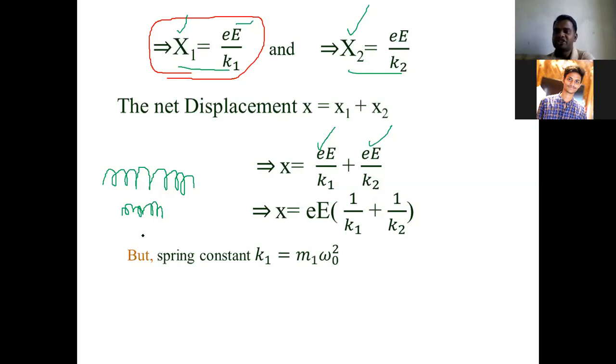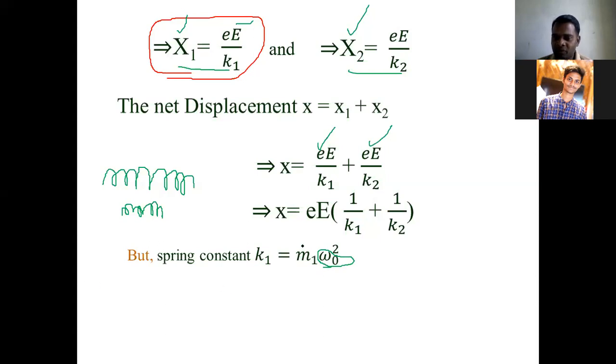If a body is in straight line motion, it has linear velocity. If the body is in oscillatory motion, it has angular velocity. Here omega naught is the angular velocity of the spring.